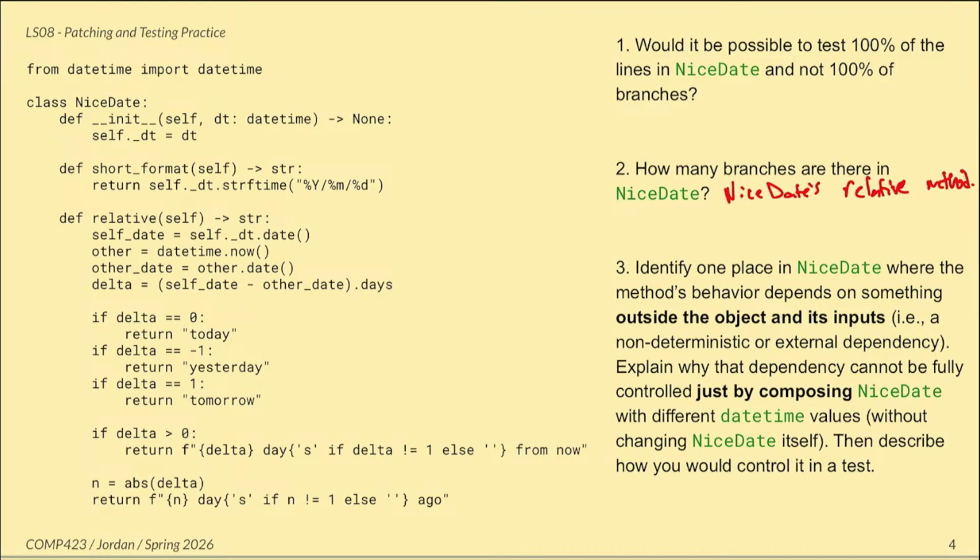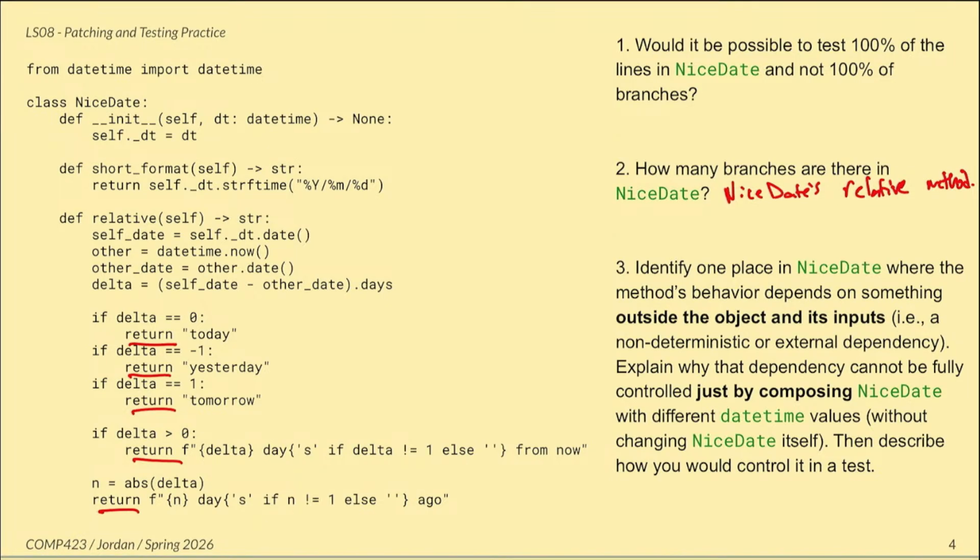So that would mean that there's 5 branches that could be covered. Great. So one way of looking at this is there are this many different return statements, and we can underline those. We've got one here, one here, one here, one here, and one here. That's 5 return statements.